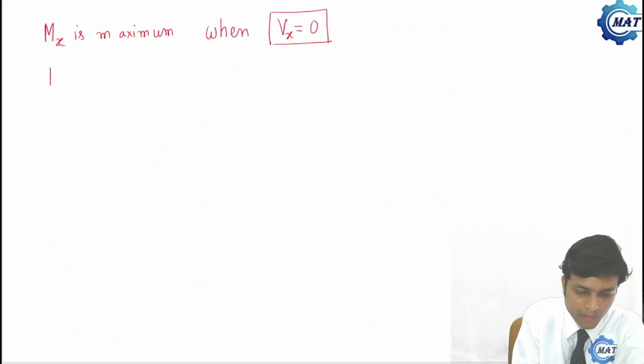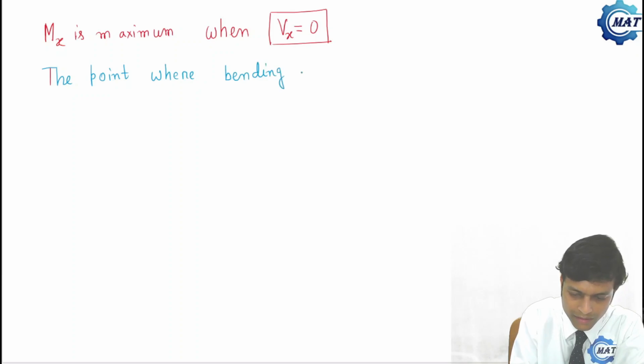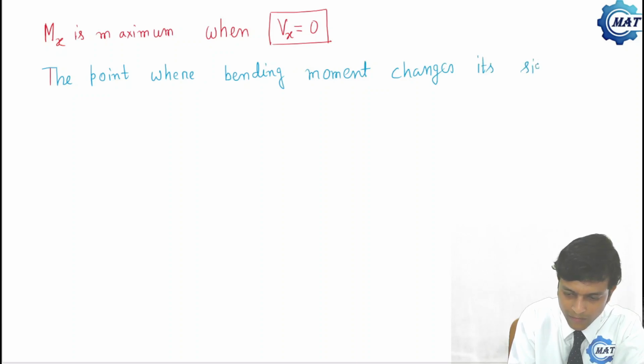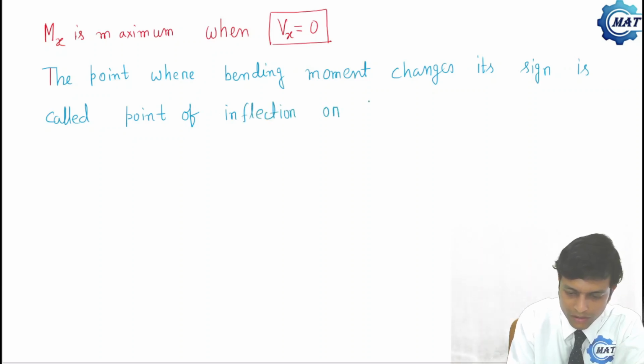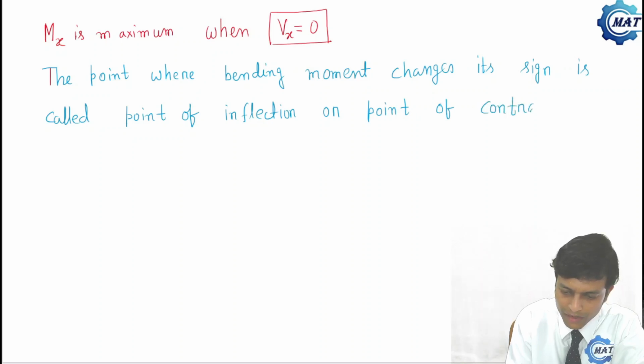So the point where bending moment changes its sign is called point of inflection or point of contraflexure.